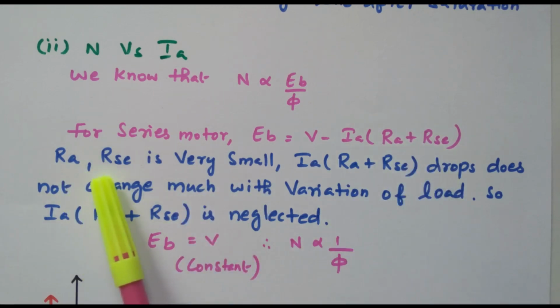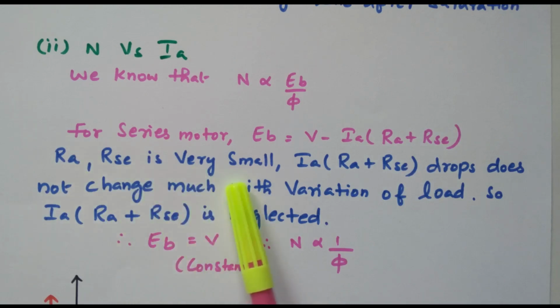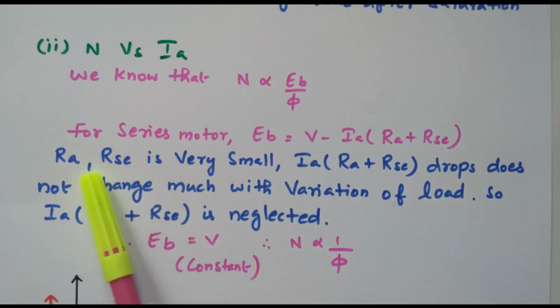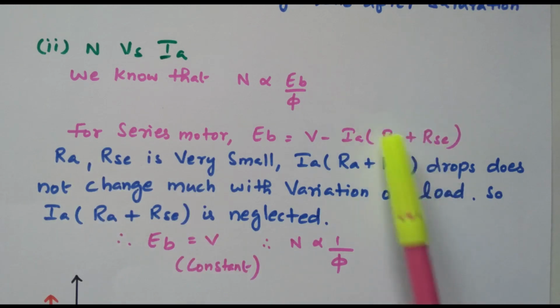Ra and Rse are very small, so the Ia (Ra plus Rse) drop does not vary much with the load. These two values are very small, so the drop is very small and will not vary with the load. So we can neglect the term Ia into (Ra plus Rse) because of the small drop.